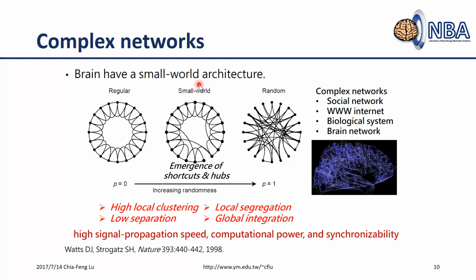So one of the social scientists tried to find out how many steps you need to pass through from person to person to finally reach the person you want to know on the other side of the US. The result of the experiment actually tells you the number.